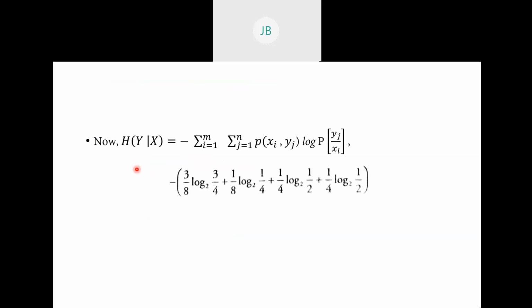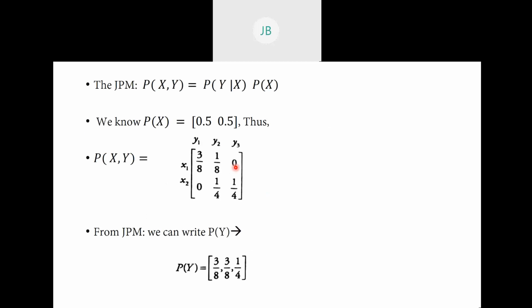That is what is written at this point here: 3 by 8 divided by 0.5 gives us 3 by 4. Similarly the second term, third term, and fourth term. We have only these four terms because the other remaining terms are zeros. So only these four terms, and the input is 0.5. When you divide, you get those values here.